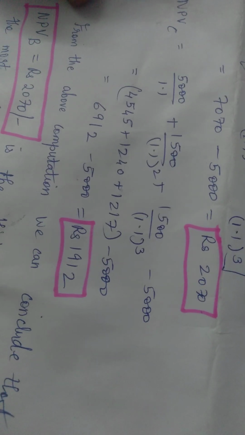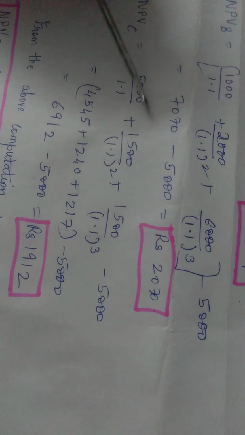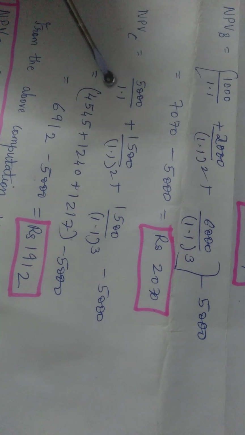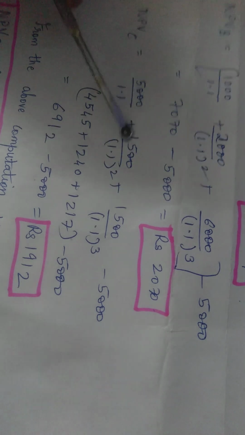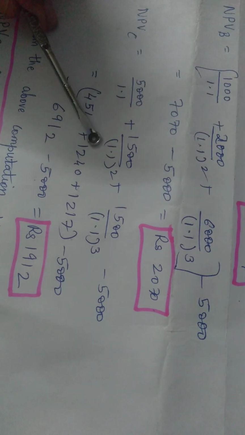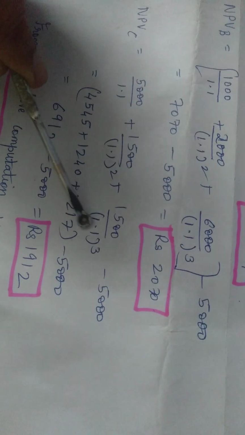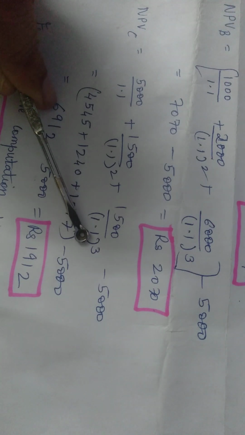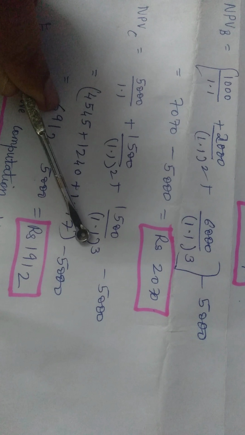The NPV for C is computed as 5,000 divided by 1.1, plus 1,500 divided by 1.1 square, plus 1,500 divided by 1.1 cube, as per the same formula which we are using for NPV.